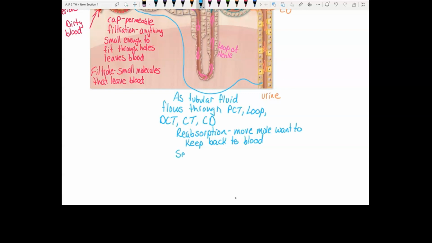And you do secretion. This is where there are large molecules still in the blood that are waste, and you want to get rid of those. So you move waste molecules to the tubular fluid.